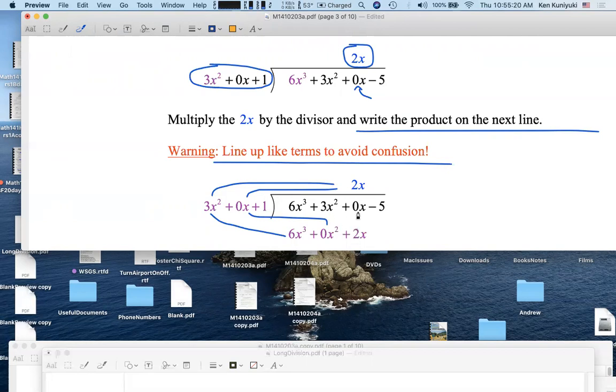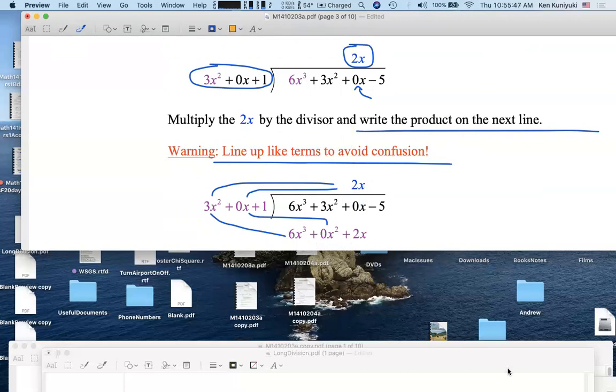That goes in the x term column. Again, it's a good idea to put the plus 2x over here instead of over here or over here. So that's where these indicated 0 terms, these written missing terms, can come in handy. Whether or not the 0x here helped you or not, that depends from student to student. Many students benefit from this, and sometimes students benefit from this.